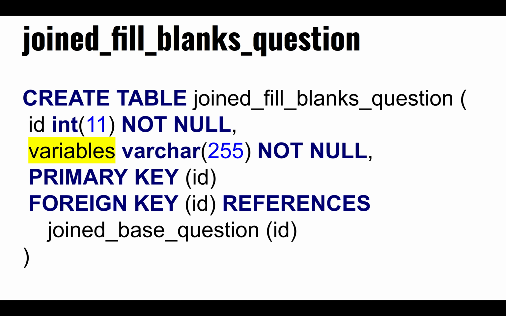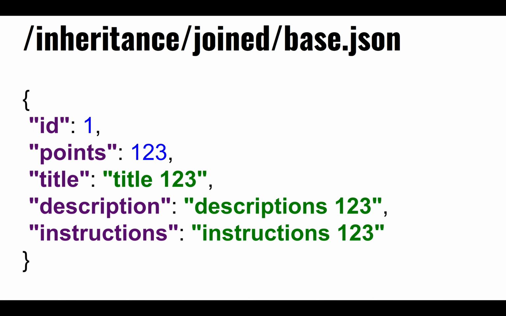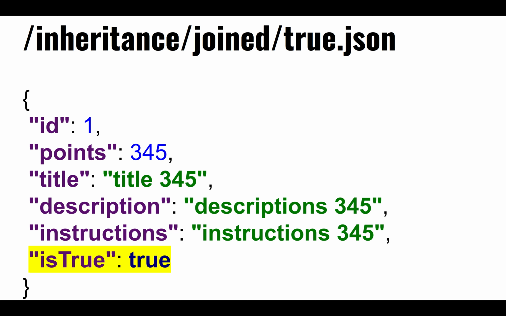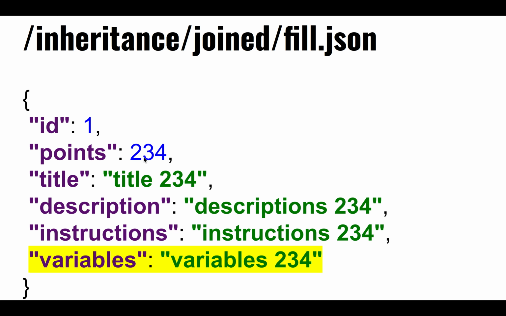Same thing for the blank questions. We have the varchar for the variables, and I have a reference back to my parent as well. Later on we'll take a look at the JSON representation of these pieces of data, where I have only the values for the base record, and then the fill in the blanks and true false records would contain the fields that are common to everybody, taken from the base table.